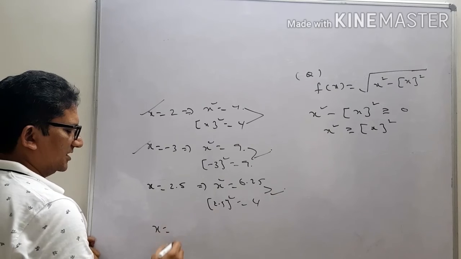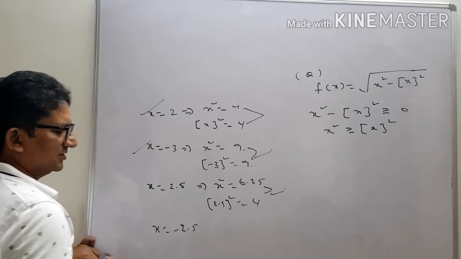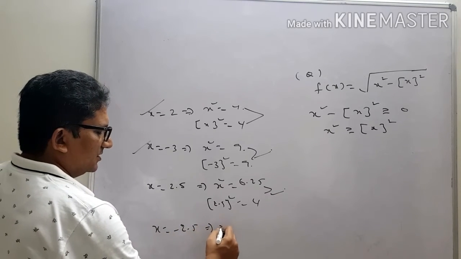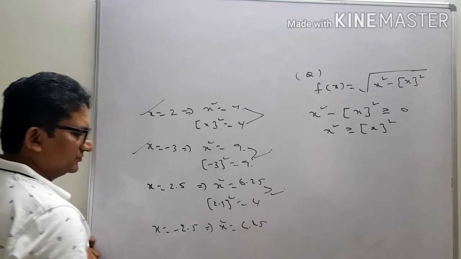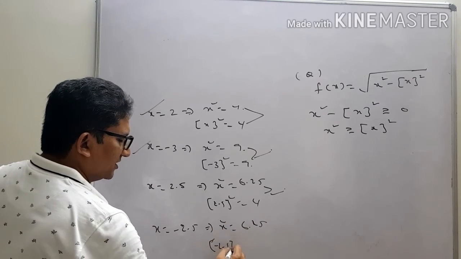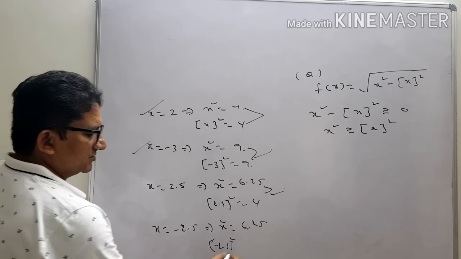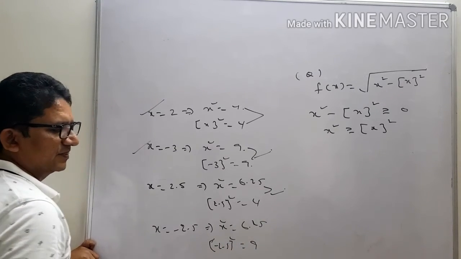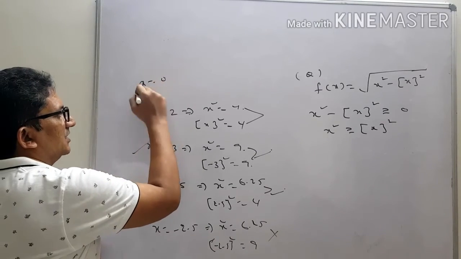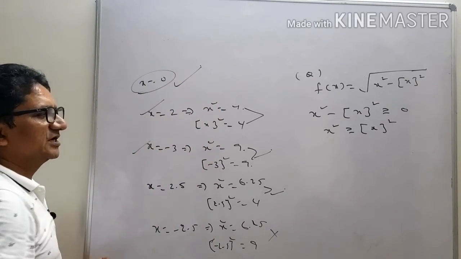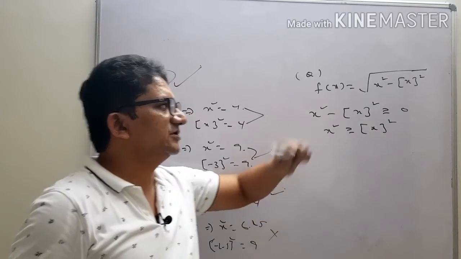Okay, I will take negative values. The same example, I will take minus 2.5. Then x² equals again what we will get? 6.25. But (step of minus 2.5)² is equal to what we will get? 9. So here the condition failed. Check for 0 also. x equals 0 also it is true because 0 equals 0 is true.